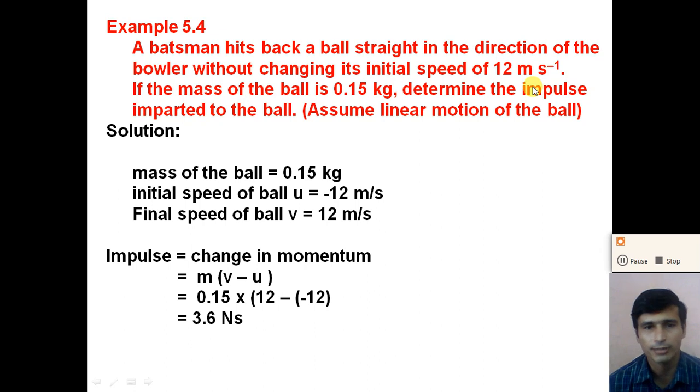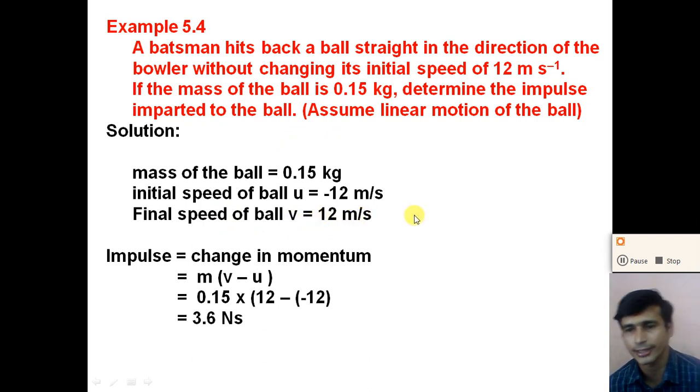So here the cricket ball is moving towards the batsman with a speed of 12 meter per second. The batsman hits the ball back in the direction exactly opposite to the initial direction, right? So without changing its speed, the final velocity of the ball v is equal to 12 meter per second.